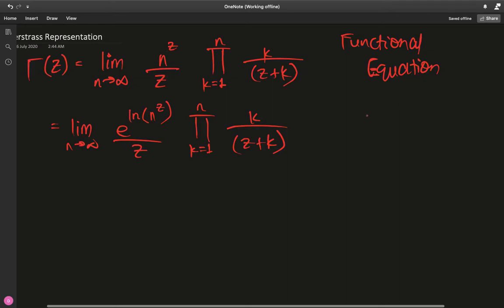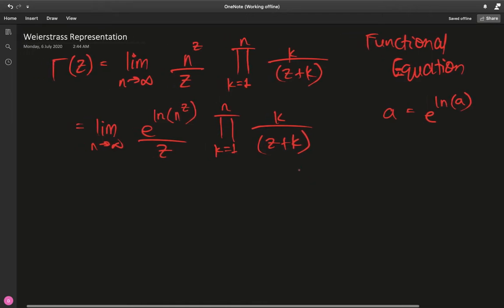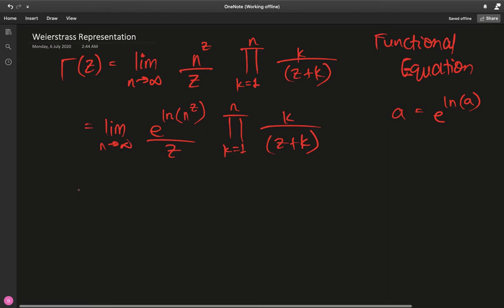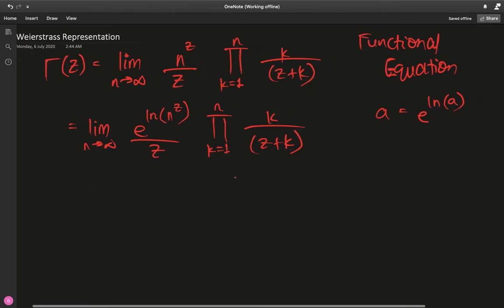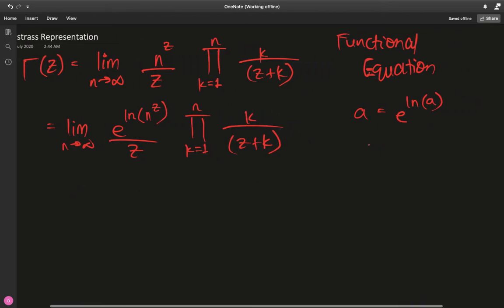It's actually a property that any quantity a can be represented as e raised to the natural log of that quantity a. It's a pretty standard result, one of the most basic properties. So I did that, and there is another property for natural log. If you have natural log of p to the power q, this can be represented as q times natural log of p.